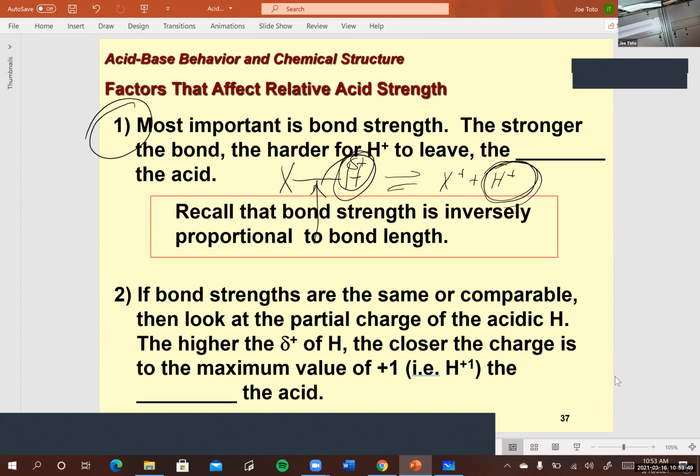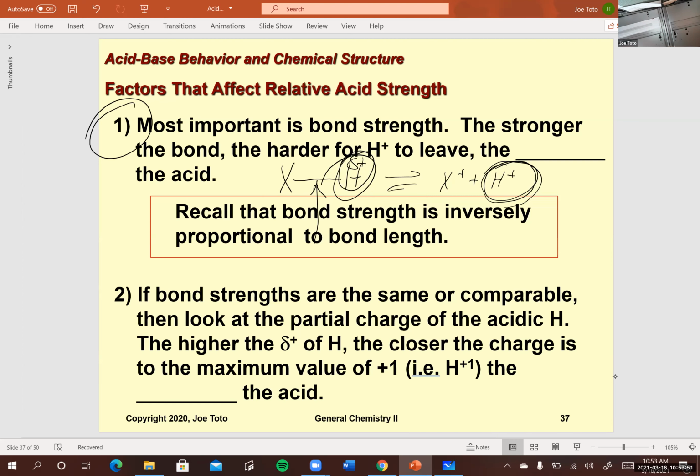And if there's a way that you could rank that partial charge, then you could say that the higher that charge, the more acidic it is, because the closer it is to a full +1 in the dissociated H plus ion. So this is number 1 in ranking. If you can't do that, then you fall to criterion 2.